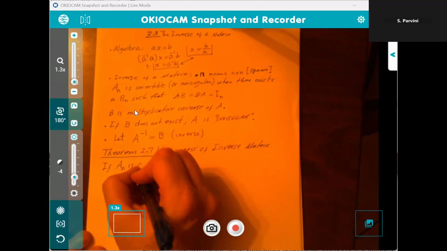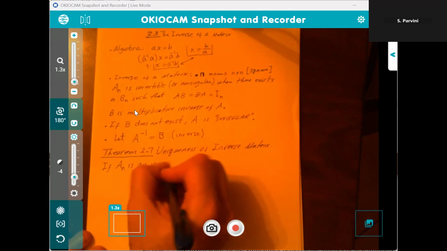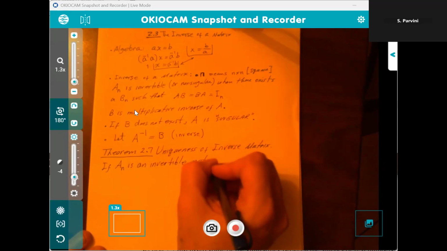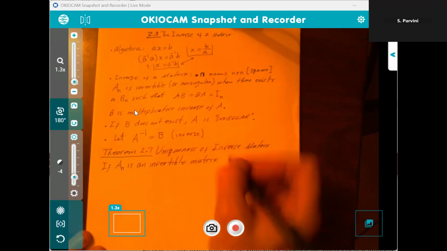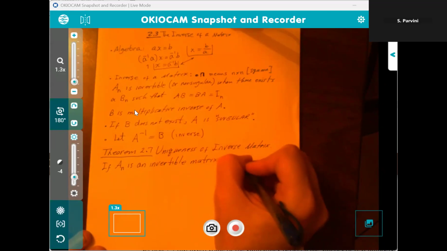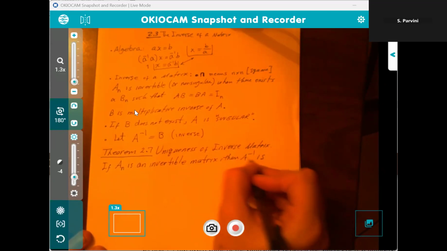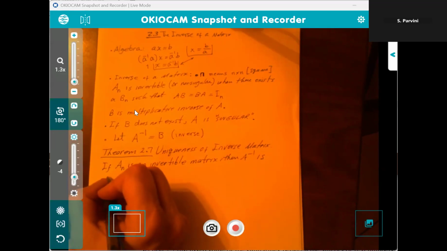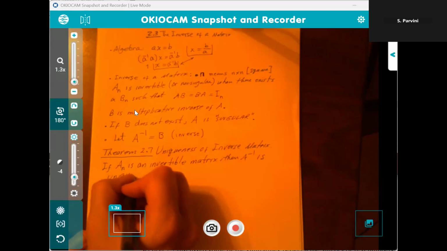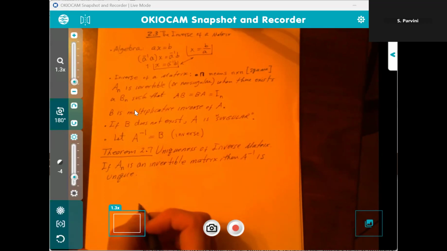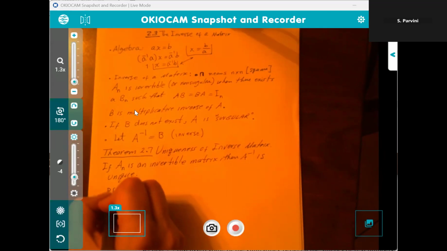If this is an invertible matrix, in other words, if it does have an inverse, then the inverse matrix is unique. And again, in mathematics, when we say unique, it means there's only one of that.